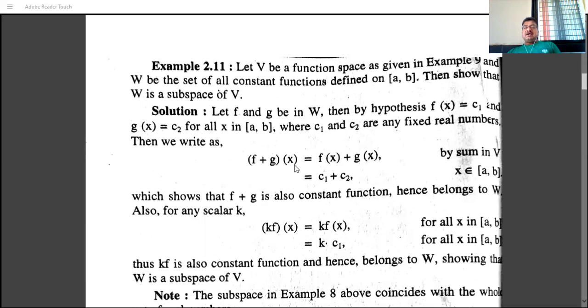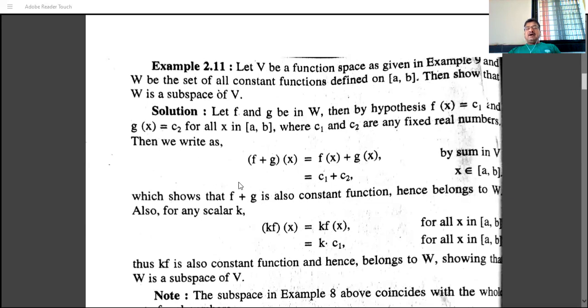So what is (f + g)(x)? It is f(x) + g(x) by the definition of addition in the vector space V. And f(x) is c1, g(x) is c2, so c1 + c2 is a new constant, and this is true for all x belonging to the closed interval [a, b]. Therefore f + g is also a constant function. Hence f + g belongs to W because it is a constant function.